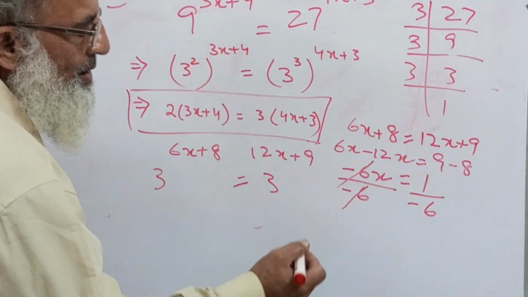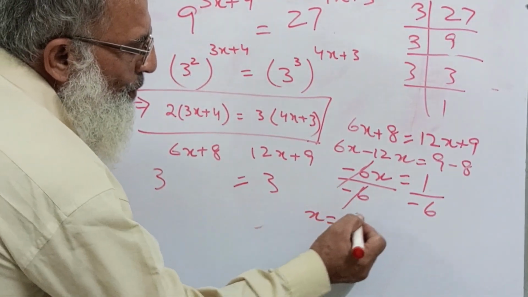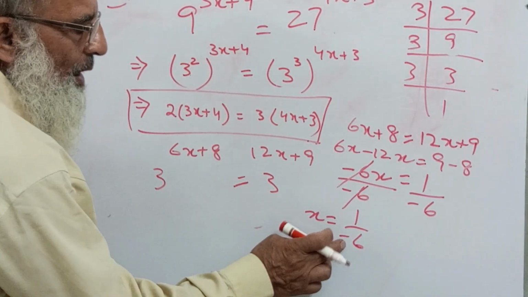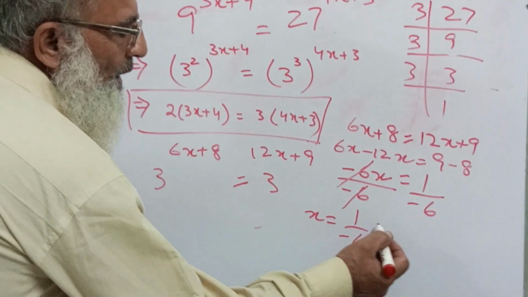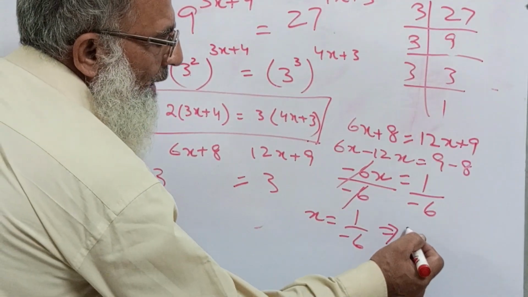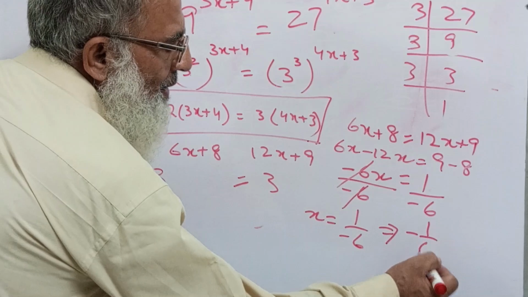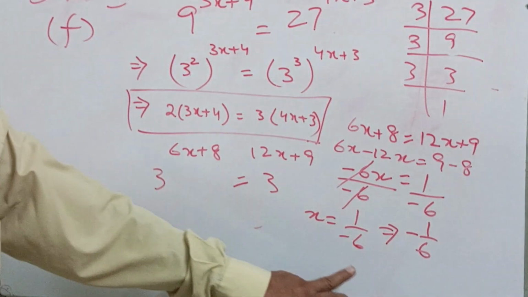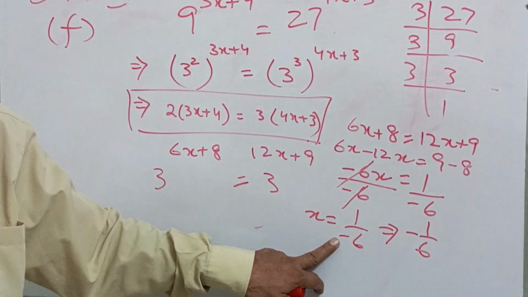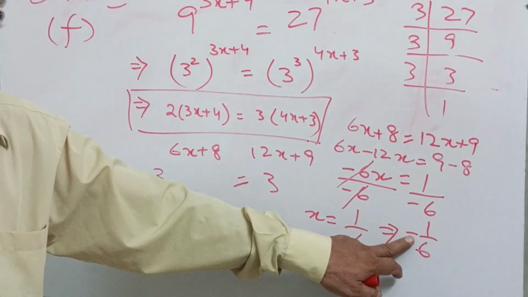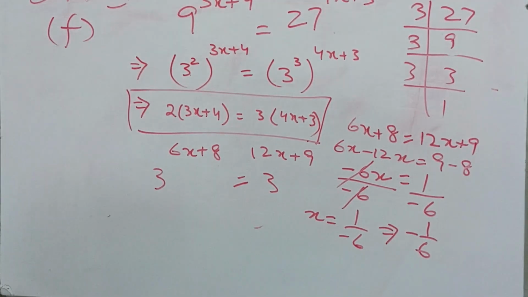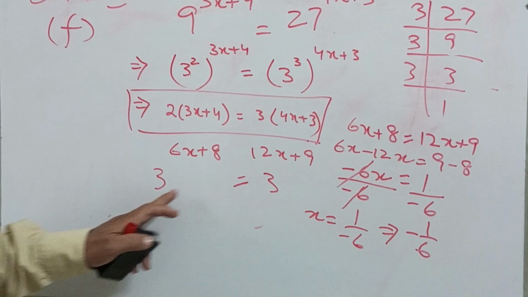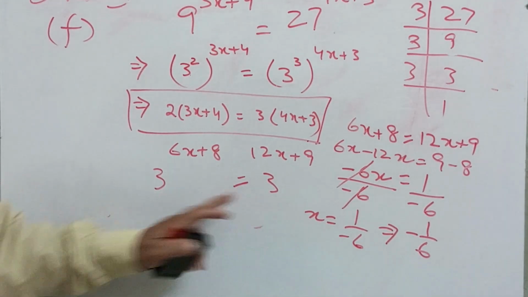Now this cancels this and it will become x is equal to 1 upon minus 6. When a minus sign appears in the denominator, we can bring it to the numerator, minus 1 by 6. So this is the rule also. You see, here it is in the denominator, here it is in the numerator. So this is your answer, and see how easily we managed to bring the bases the same.